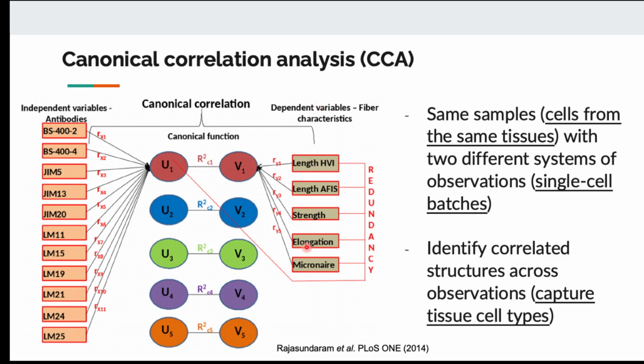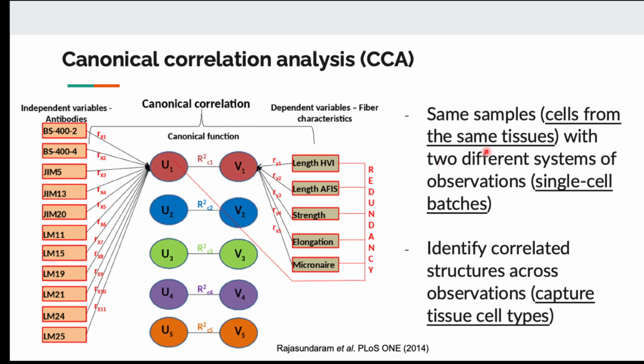For example, if one of them is an immune profile and the other one is the physical fitness of the patient, CCA, canonical correlation analysis, its goal is to identify if there is any link between certain immune parameters and certain physical parameters, to identify the link between the parameters that are being measured. So maybe like T cell abundance might be related to muscle strength, for example. So this analysis tries to identify any link between the parameters.